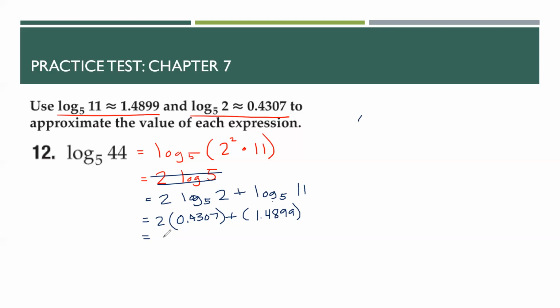So this is going to end up being 8,614 10,000ths plus 1 and 4,899 10,000ths. So it ends up being 2 and 3,513 10,000ths. Okay. So we just broke this number down into factors using the information that we're given.